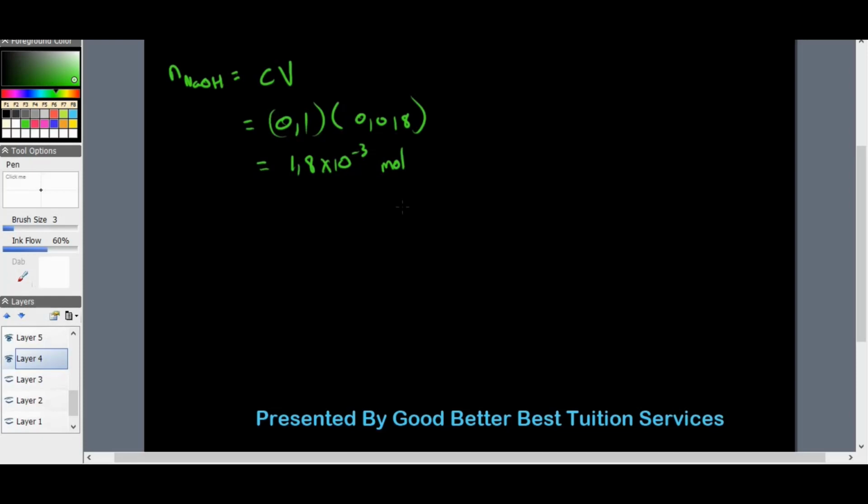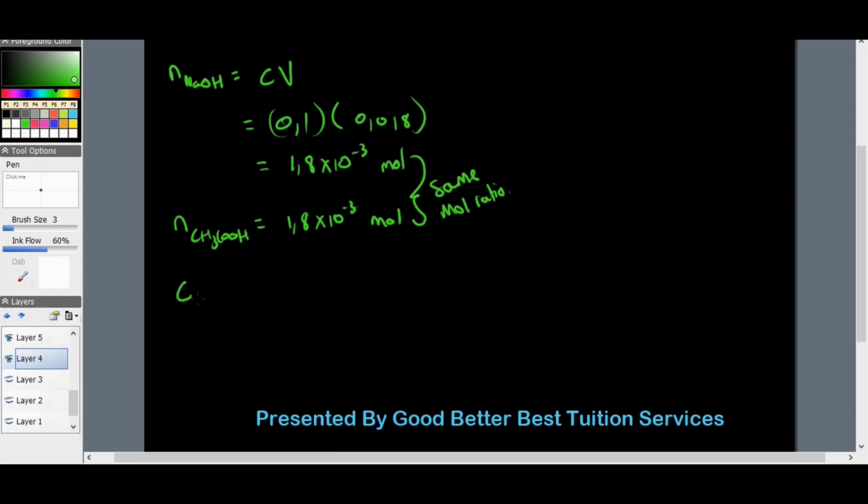Now, because they're all in the same ratio, the number of moles of dilute ethanoic acid, which would be vinegar, CH3COOH, is also equal to 1,8 times 10 to the power of -3 mole. Same mole ratio. Now what we want to do is find the concentration of dilute ethanoic acid.